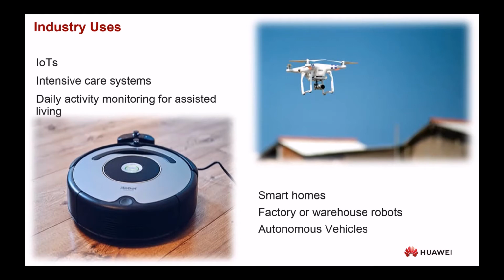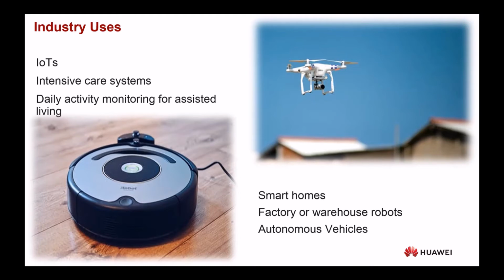For example, we could create intensive care, closed-loop systems that maintain critical physiological parameters, such as blood pressure, etc., within a specific range of values. Activity monitoring is another use case in enabling assisted living to quickly detect anomalies such as a fall or fire and immediately raise an alert.